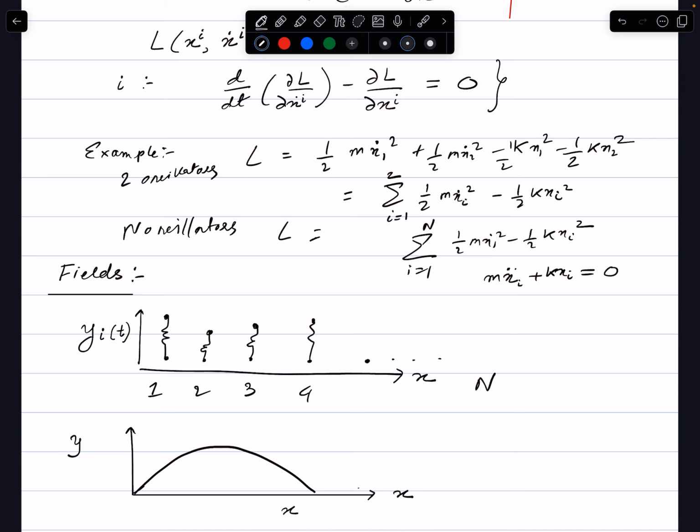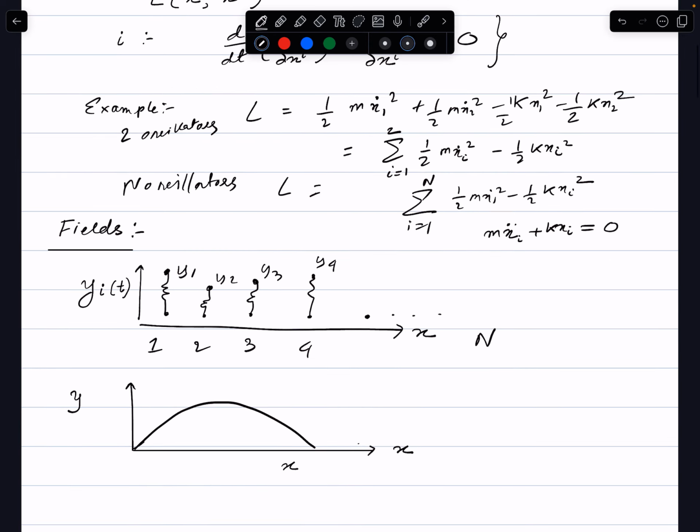I call these y1, y2, y3, y4, and so on. This i, which is 1, 2, 3, 4, is the label telling me which harmonic oscillator I am talking about. And this is a system with a finite number of degrees of freedom. Each oscillator represents a degree of freedom.